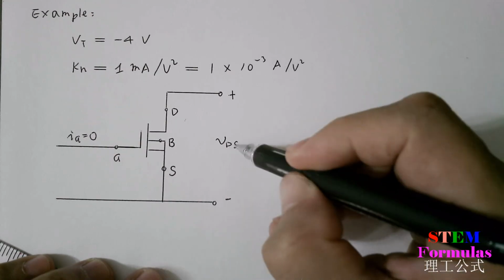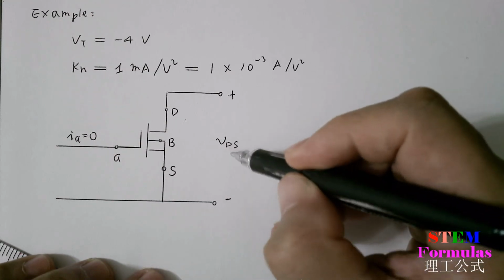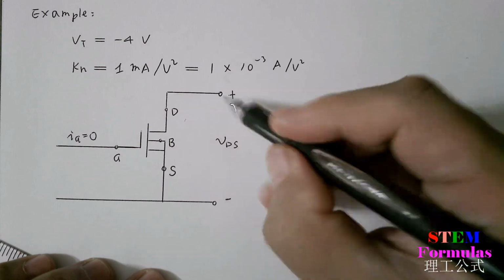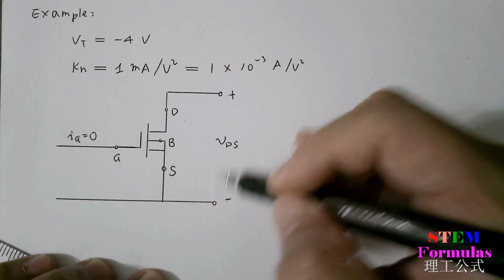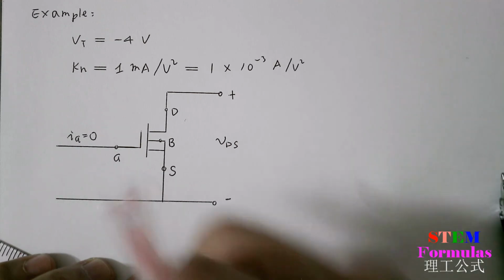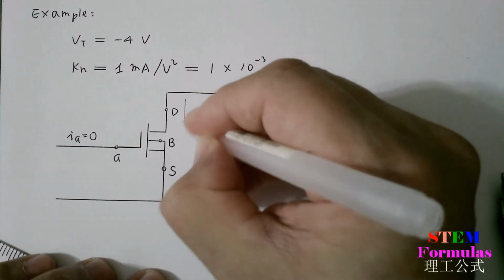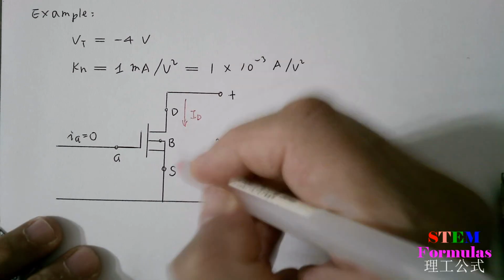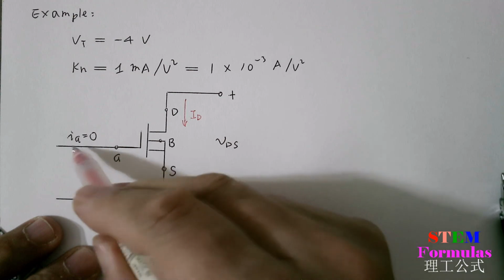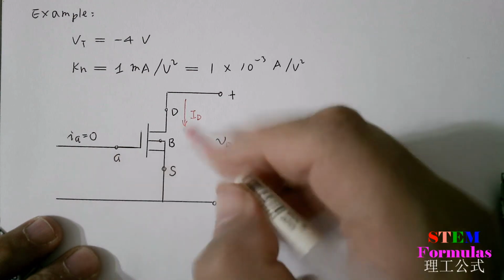If VDS is greater than 0, that means the voltage at D is greater than the voltage at S. Now here is ID, and ID equals IS because the current through IG equals 0.